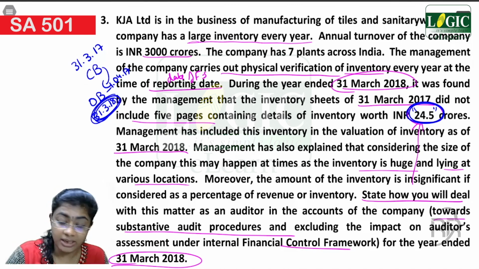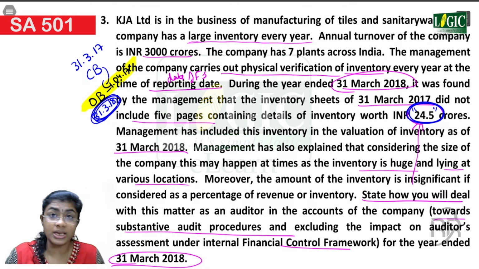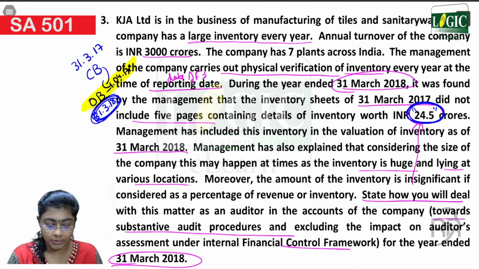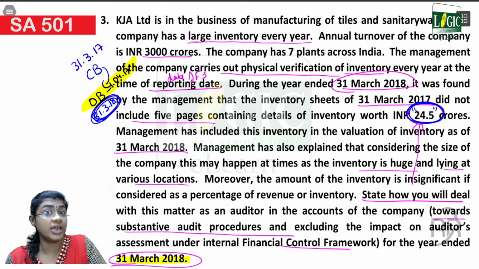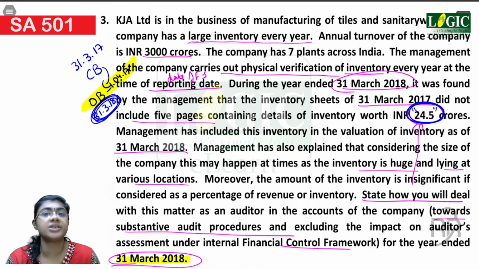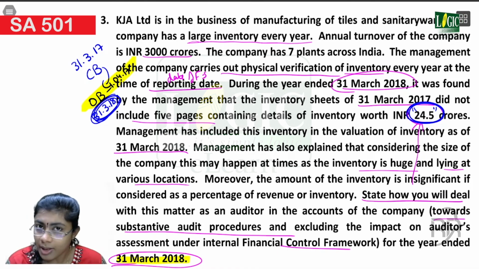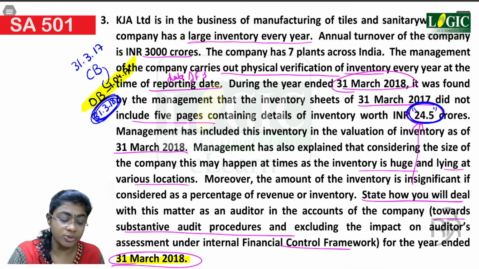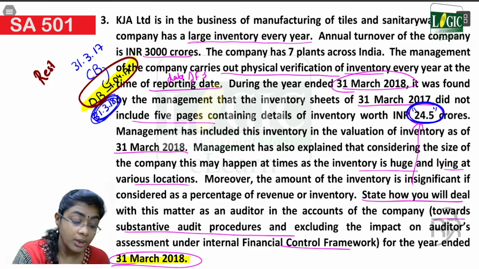But still, that misstatement is prevailing in the opening stock of the current year. Meaning 17/18's opening stock is misstated. I hope you agree with me, right? So what should we do? We have to ask the management even to restate. What?